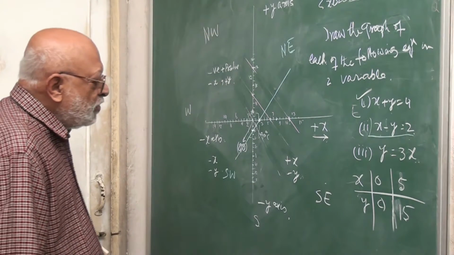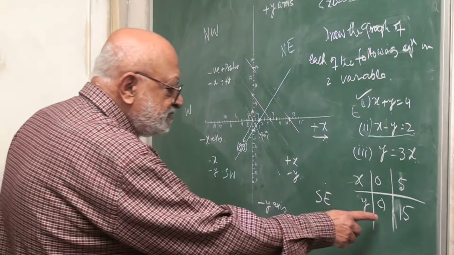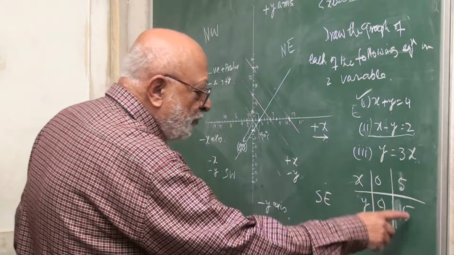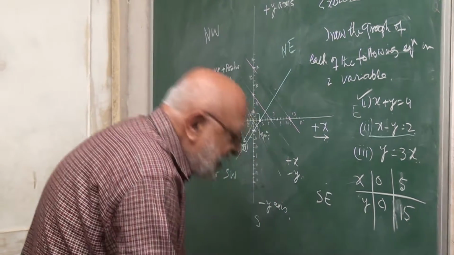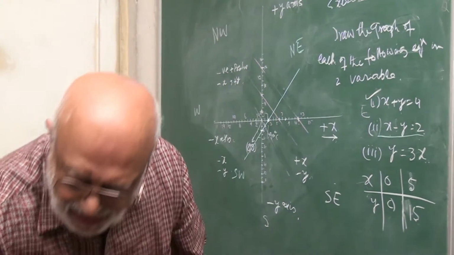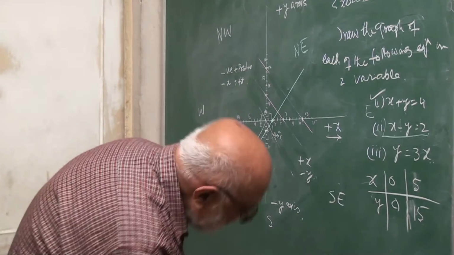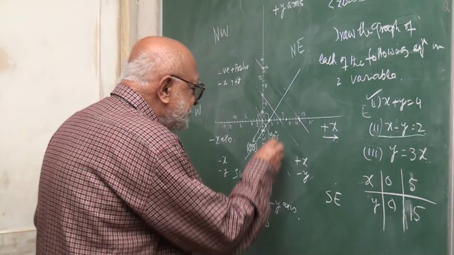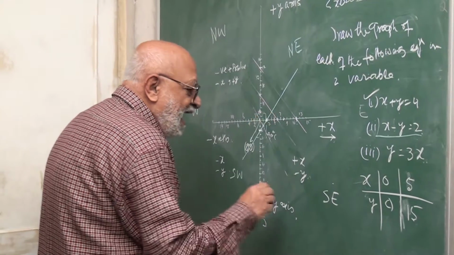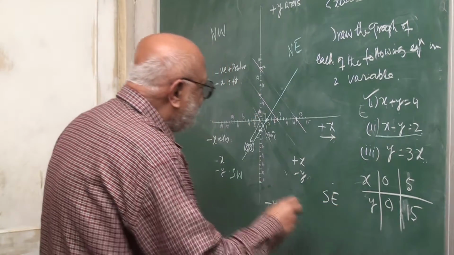So it will go through the origin and they are both positive. So I will have here x equal to 5 and y equal to 15.